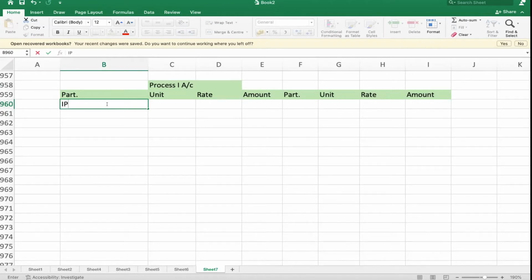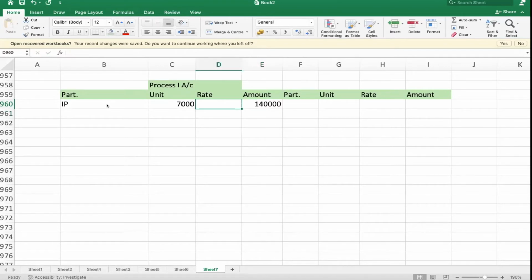Input introduced in this problem comes to 7,000 quantity. Any value given in this question? For process 1, sir, 1,40,000. One lakh 40,000. Okay. So then what could be the rate? 20 rupees rate per unit. Clear? This is the input introduced during this.